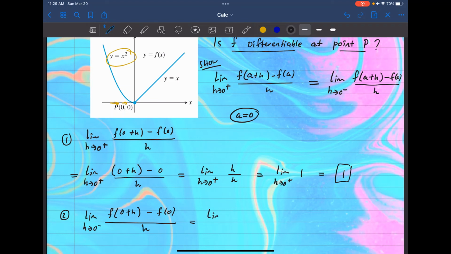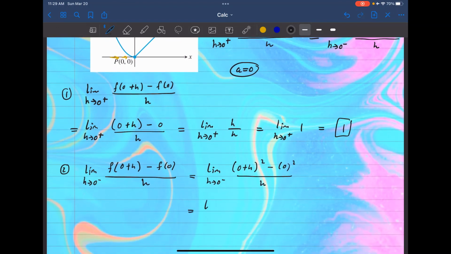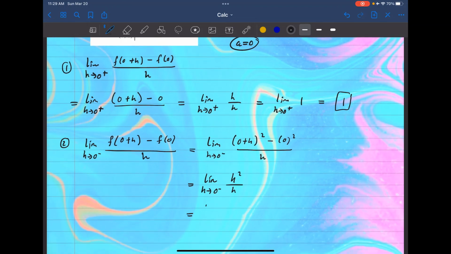So this is the limit as h approaches 0 from the left. So we're using x squared. That's 0 plus h squared minus 0 squared all over h. And simplifying this, we get the limit as h approaches 0 from the left of h squared over h. And one of the h will cancel out. We get the limit as h approaches 0 from the left of h. And then if I plug in 0 into this limit, I get 0.